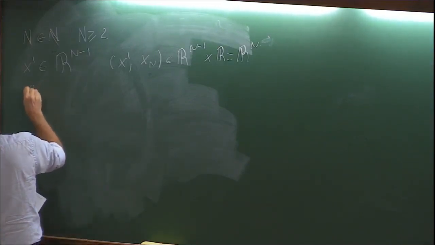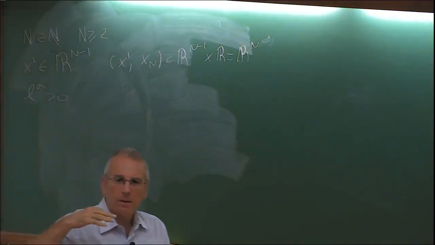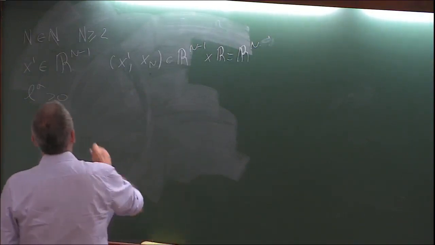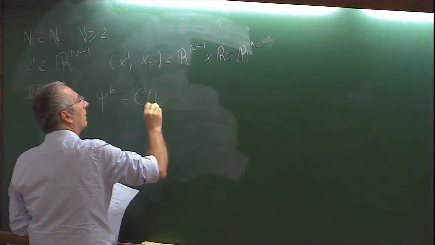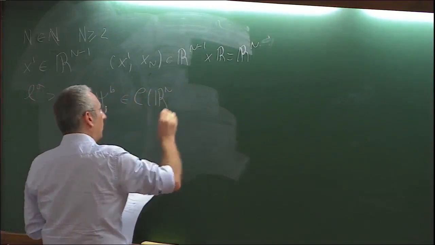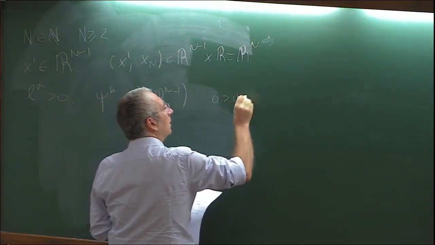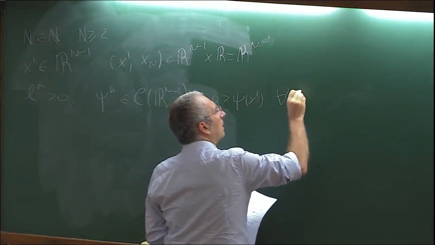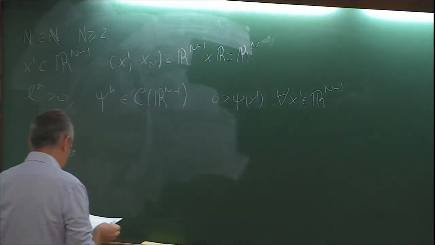Moreover, with L_A we denote a positive number. In the sequel, A means always above, B always below. With C_B, we denote a continuous function on R^(n-1), such that 0 is greater or equal to C_B(x prime) for each x prime in R^(n-1).